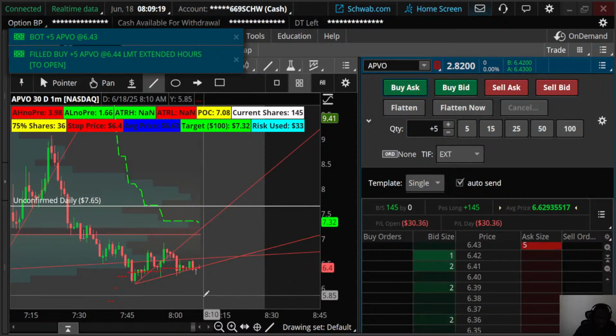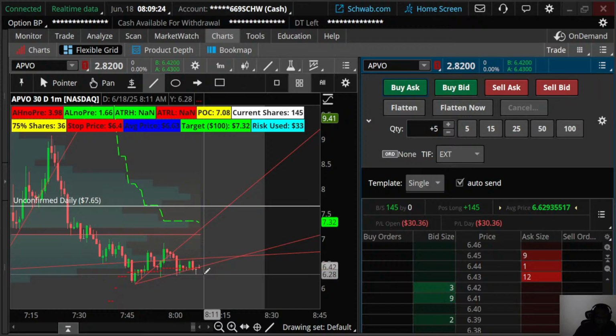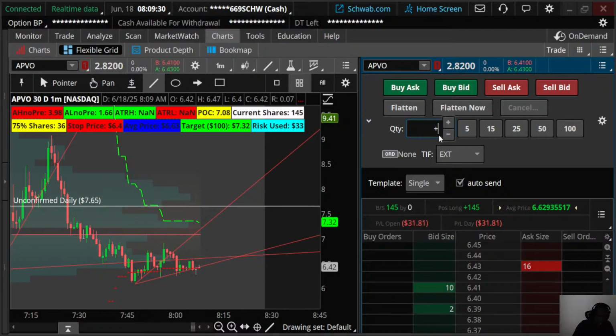Added a little bit, looking for it to hold that level. 145, 128 out. Okay, added a little bit. Man, can you just hold these levels, bro?